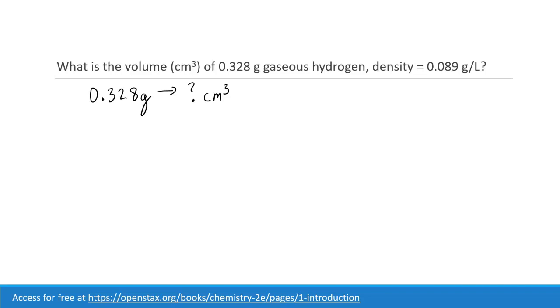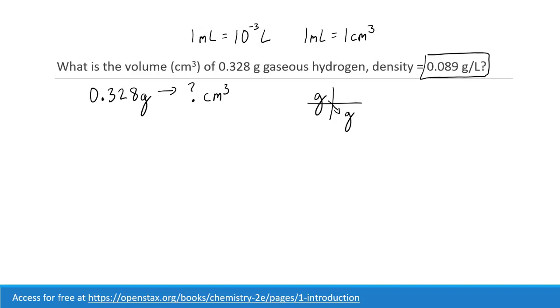Now, you will need some conversion factors for this problem. You need to know that for every 1 milliliter, that is equal to 10 to the negative third liters, and you need to know that 1 milliliter is equal to 1 centimeter cubed. Okay, starting out with grams as our first unit, if we want to cancel the grams, the conversion factor that includes the grams is the density.